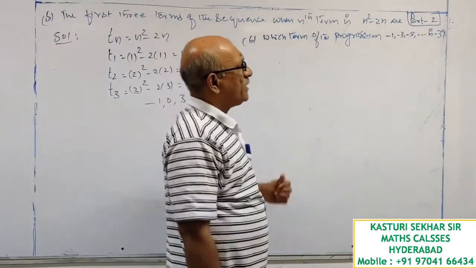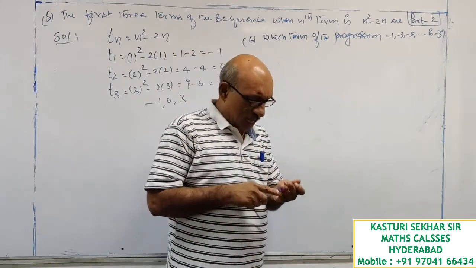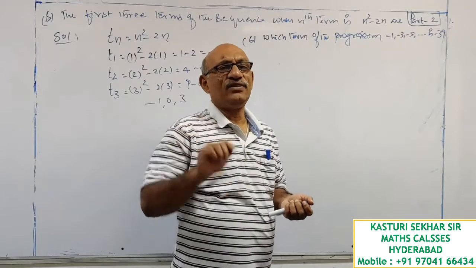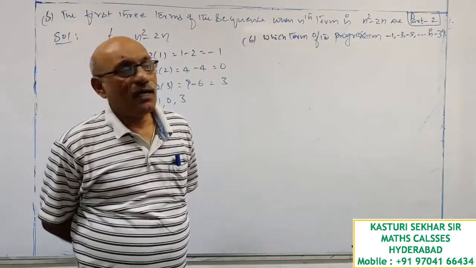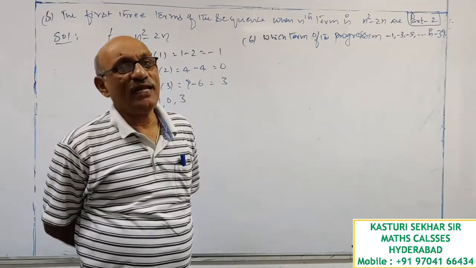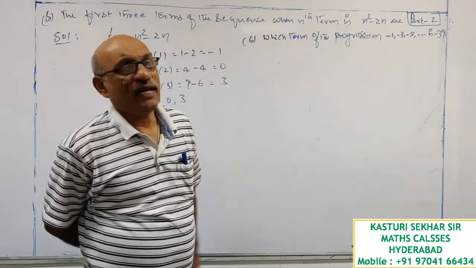Look at the question here. Value of a term is given and you have to identify where it lies in the given sequence. Again I am repeating this point. In this particular question, value of a term is given and you have to identify where it lies.